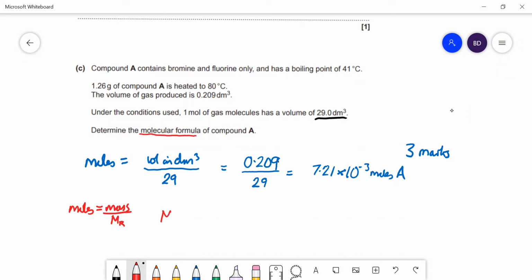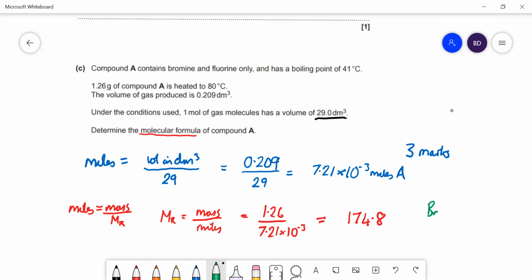So let's rearrange that. We get Mr is equal to mass over moles. They tell us the mass of this gas is 1.26 grams, and the moles we just worked out is 7.21 times 10 to the minus 3. So that gives us 174.8.